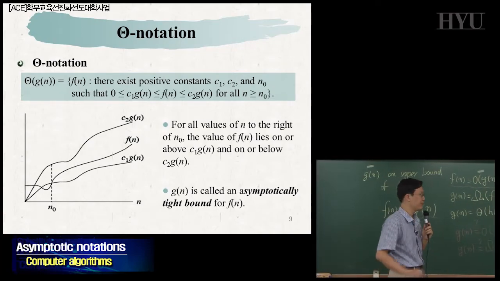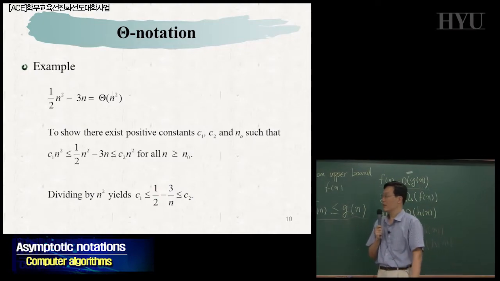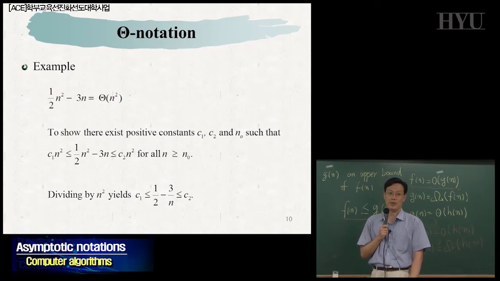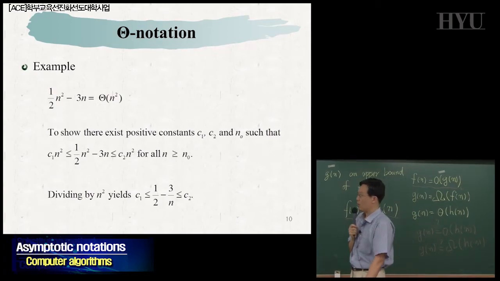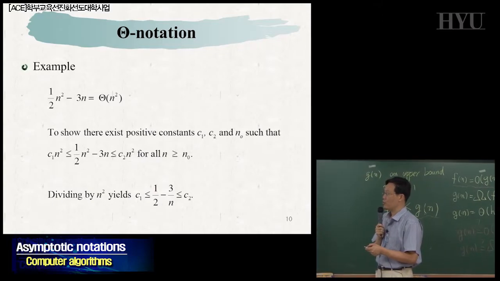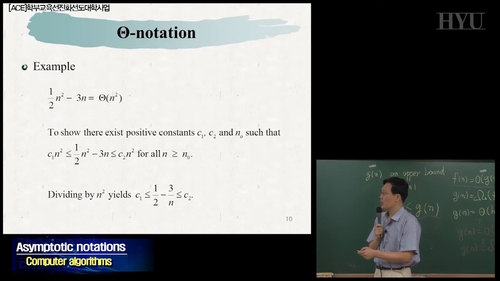Let's see. This is an example of theta notation. This is a quadratic function, and this is also a quadratic function. So their degrees are the same. So this one is theta of n squared.